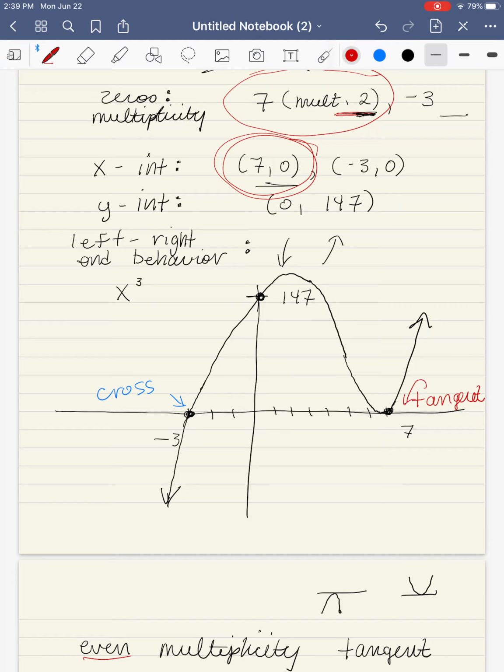And here we crossed because of our odd multiplicity. In our next video, we're going to pull this all together, look at left, right, end behavior, x and y intercepts, cross or tangent behavior for multiplicity, and we're also going to look at a method of factoring a polynomial.